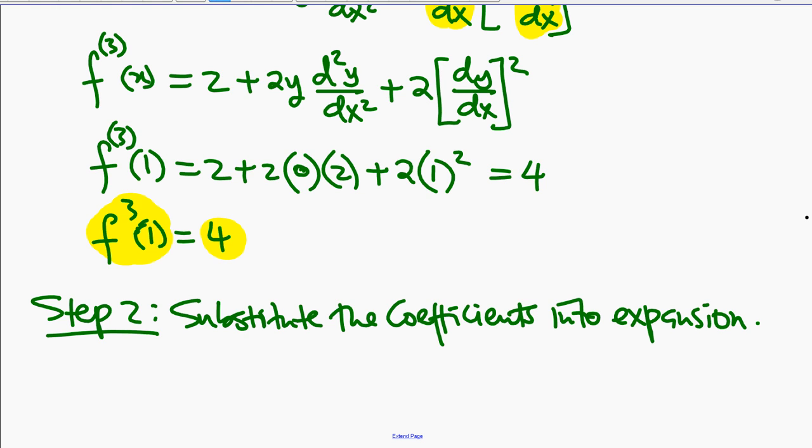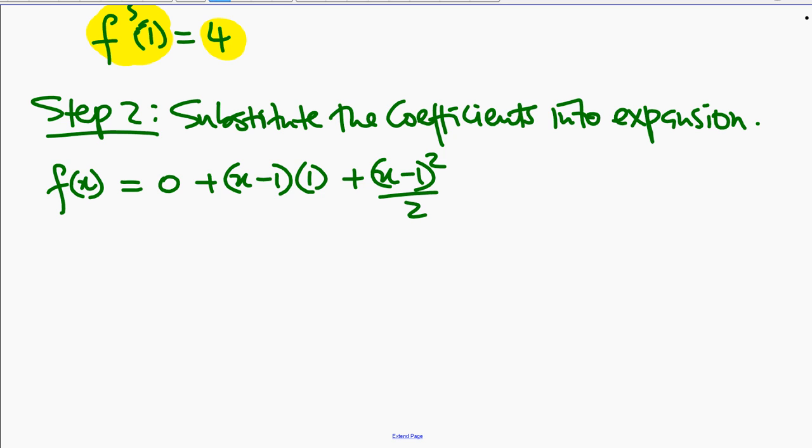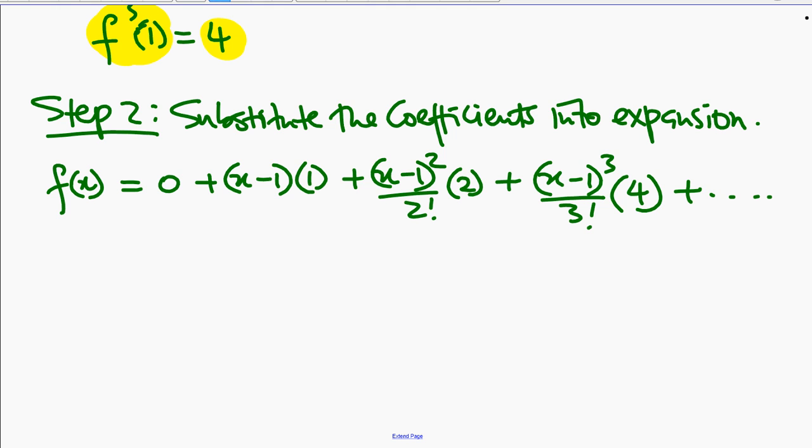Now, if we substitute the coefficients into the expansion, we'll end up with f of x should be 0 plus x minus 1 multiplied by 1 plus x minus 1 squared over 2 factorial multiplied by 2 plus x minus 1 cubed over 3 factorial multiplied by 4, which is here. Goes up to infinity anyway.